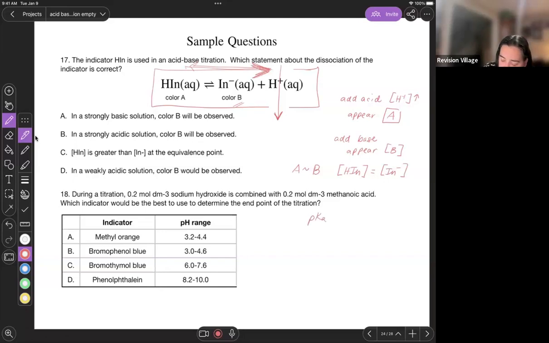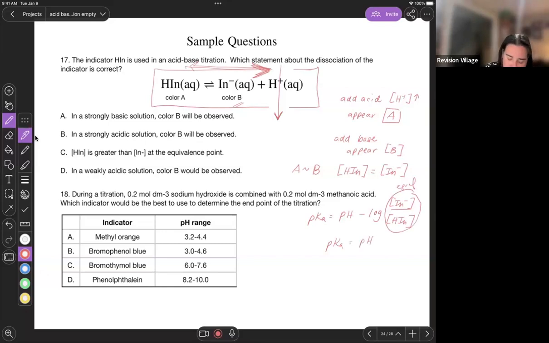The pKa is equal to the pH minus the log of the concentration of the indicator conjugate base over the protonated indicator. Boom. When these two things are equal to each other, I'm taking the log of 1, which is 0. The pKa is going to be equal to the pH.